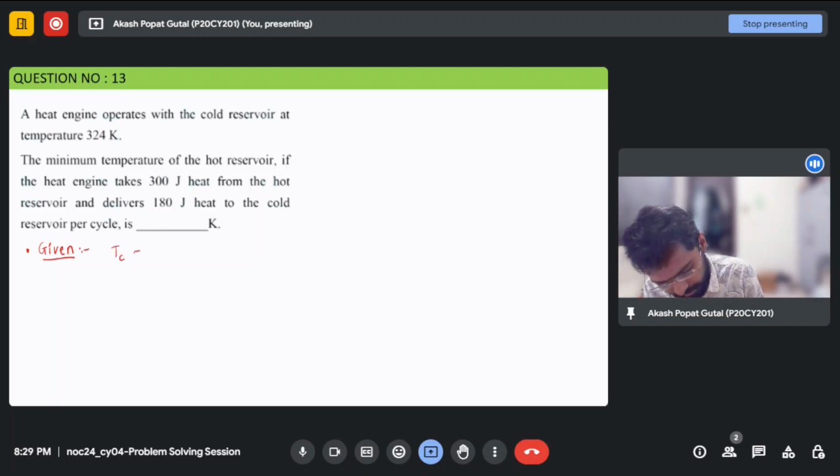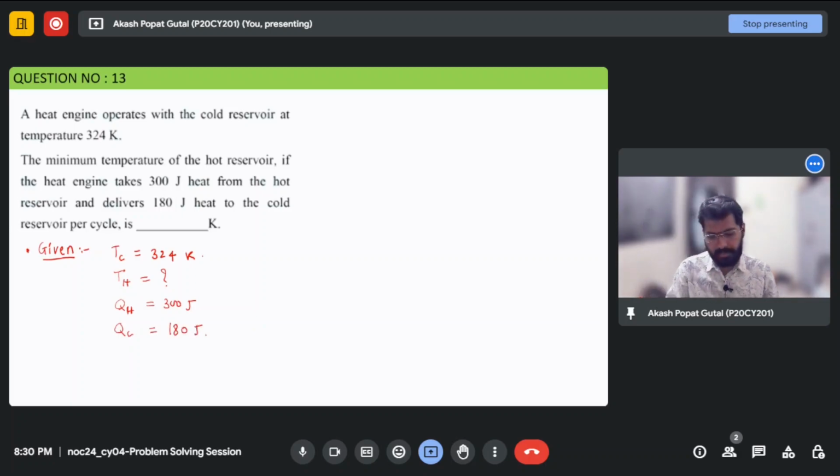The cold reservoir temperature is 324 Kelvin. We need to calculate the minimum temperature of the hot reservoir. The heat engine takes QH, 300 joule, from the hot reservoir and delivers 180 joule to the cold reservoir. We need to calculate TH. So we know that QC by QH is nothing but TC by TH.